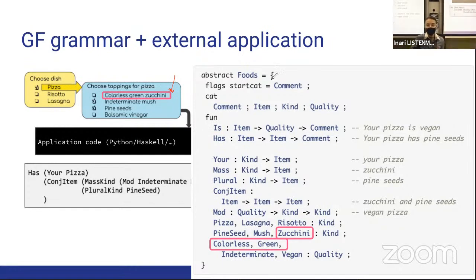But the approach here is that this GF grammar is completely agnostic to which of all the strings it generates will be relevant. The job of the GF grammar is to generate everything, and the job of the application code is, based on what the restaurant has in stock, to display only the existing options in this application.